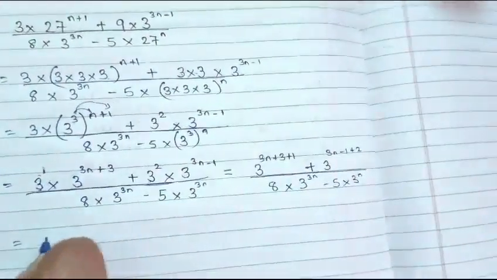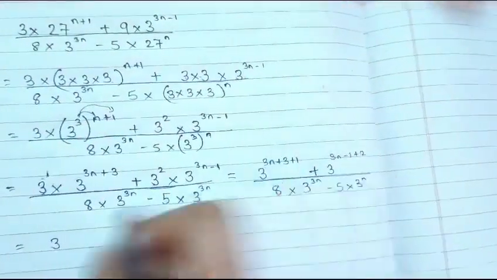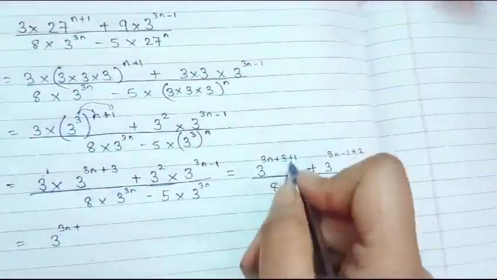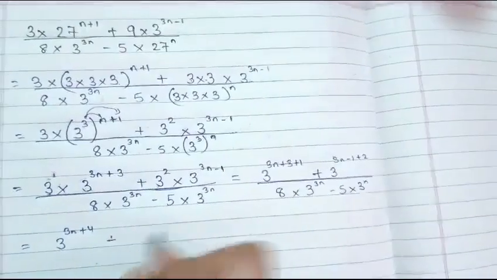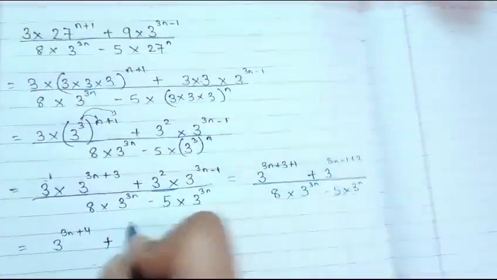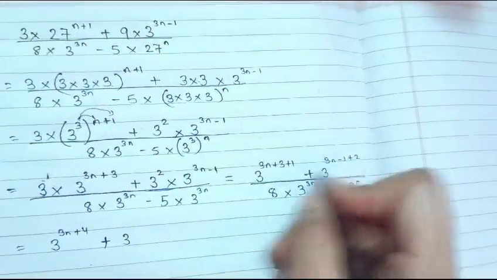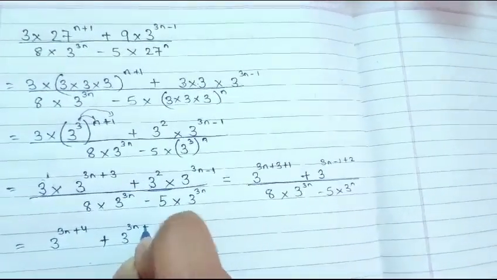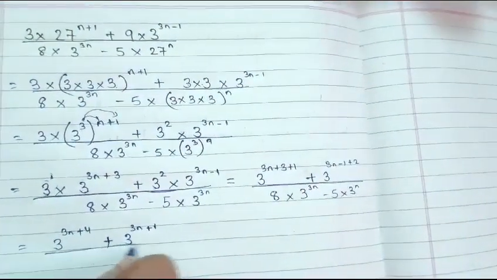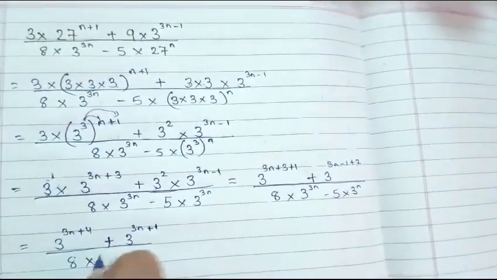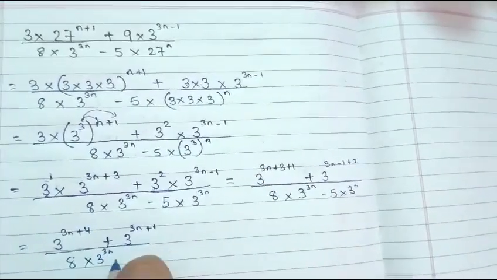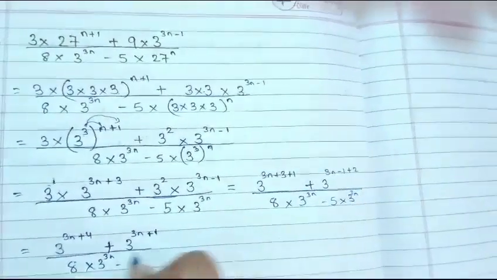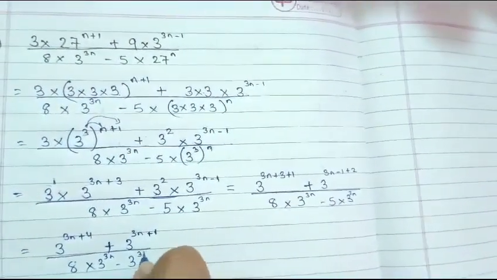Now let us see what we are going to get for after that. We have 3 to the power 3n plus 3 plus 1 gives you 4, okay, plus we have 3 raised to the power 3n minus 1 plus 2 will give you plus 1, upon 8 into 3 to the power 3n minus, over here you have 3, okay, 3 raised to the power 3n.